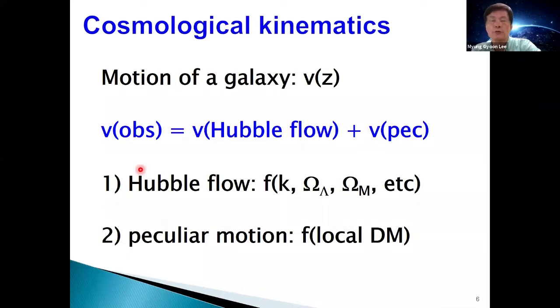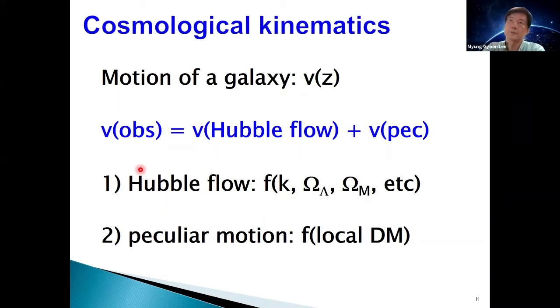The Hubble flow is a function of the curvature of the universe, omega lambda, omega matter, etc. And peculiar motion is mainly due to the local gravity of some object which is dominated by dark matter. So peculiar motion is actually comparable with local dark matter and also Hubble flow.